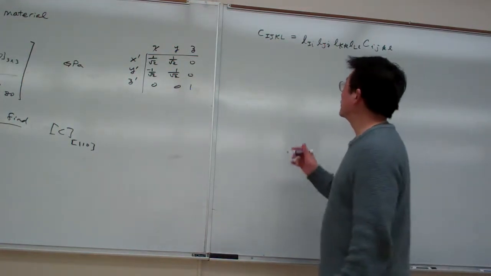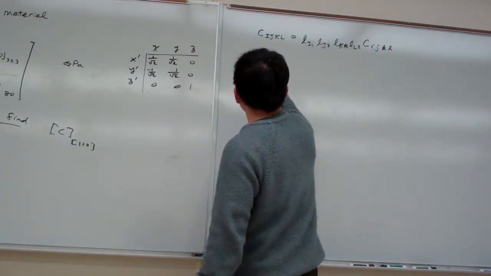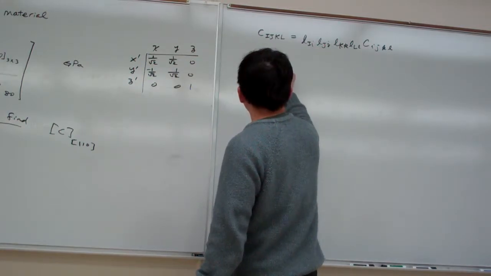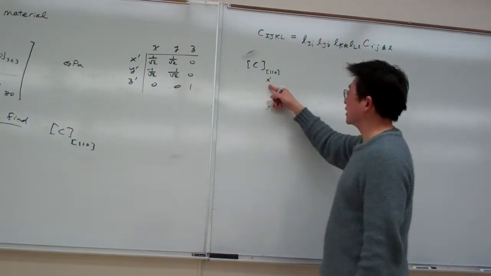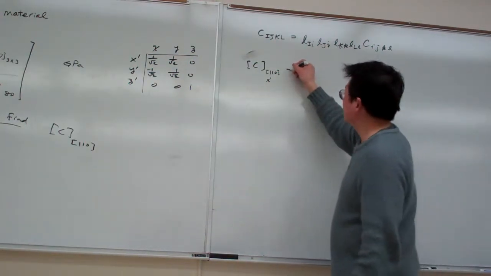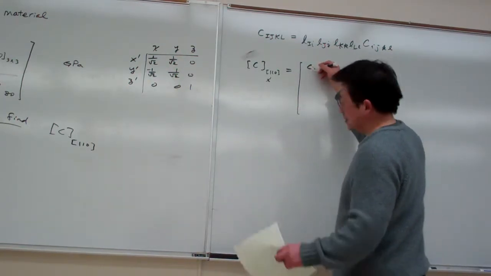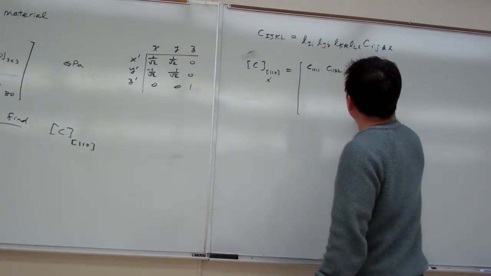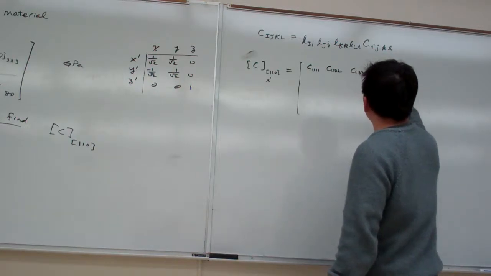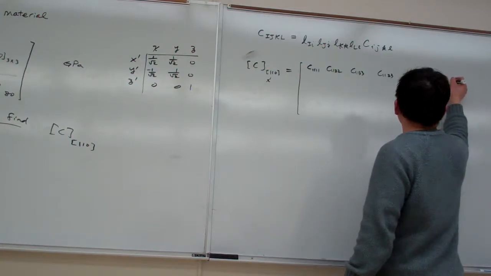Okay, so right now let me write it out. The C in the new orientation, basically this one, if you like, you can denote for yourself. That is in the new expanded directions. Okay, so basically here we have this C. Let me lay out this one: 1111 and 1122, 1133 and 1123, 1113 and 1112.